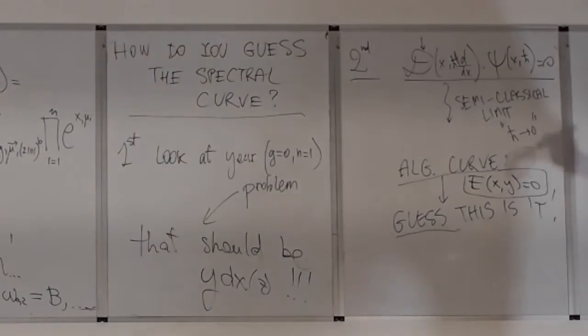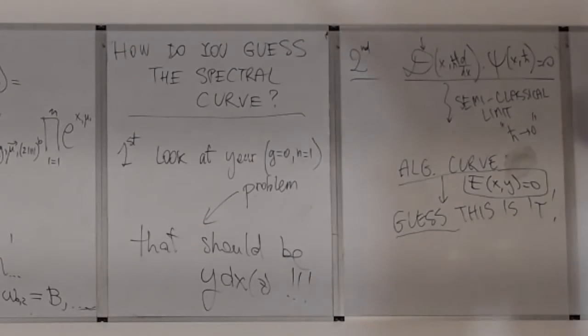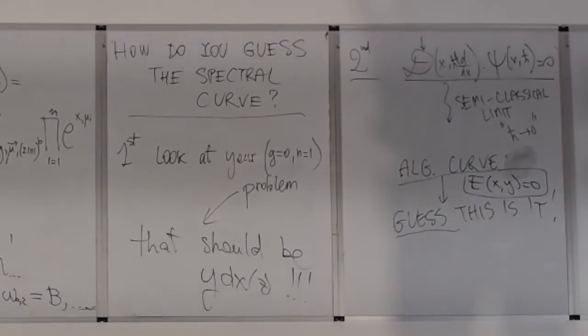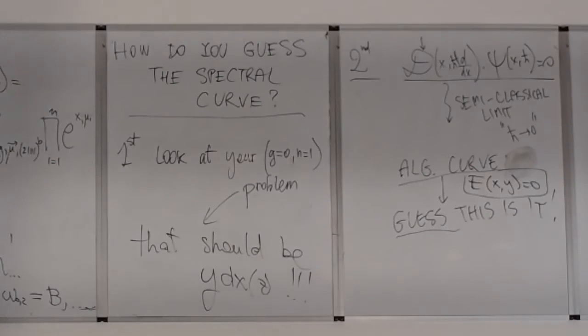Are there pathological examples in which you have a lovely quantum differential operator? You take the limit, you get a spectral curve, and whoo-hoo, it's not the right one. See, I lived a good life, it never happened to me.